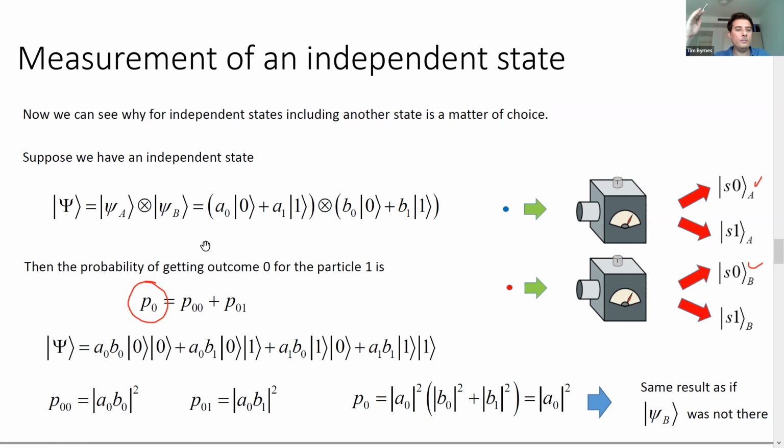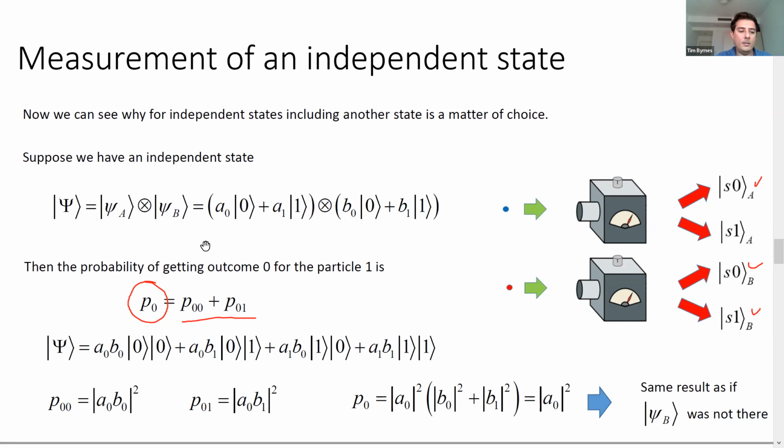Remember, Bob's in Brazil and is not supposed to influence our qubit. Either way it counts as a measurement of 0 for Alice, and that's the only thing we care about at this point. So the probability of Alice getting 0, full stop, is P00 plus P01.